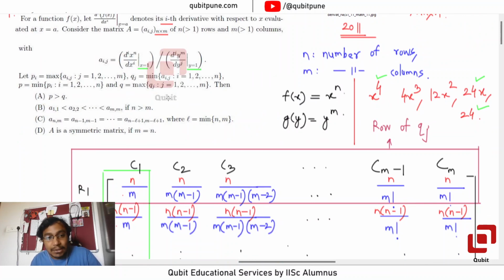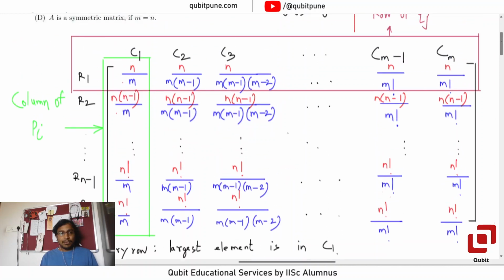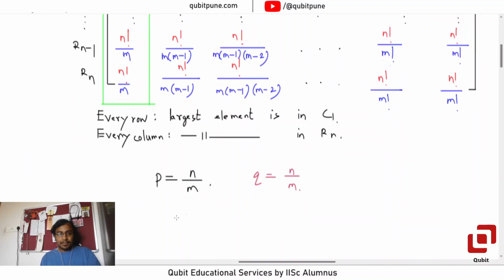For the maximum of the Qj values, we need to pick the one which has the smallest denominator, that is n upon m. So Q is also n upon m. P is n upon m, Q is n upon m. So is P greater than Q? No. P is equal to Q. So option A is not right.